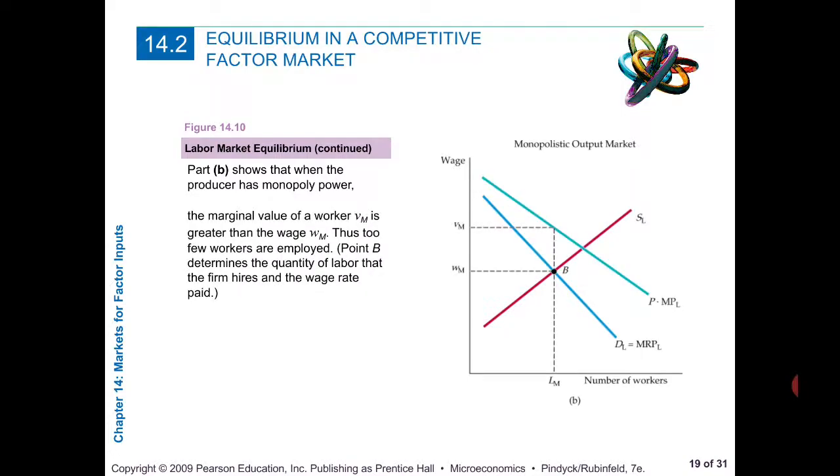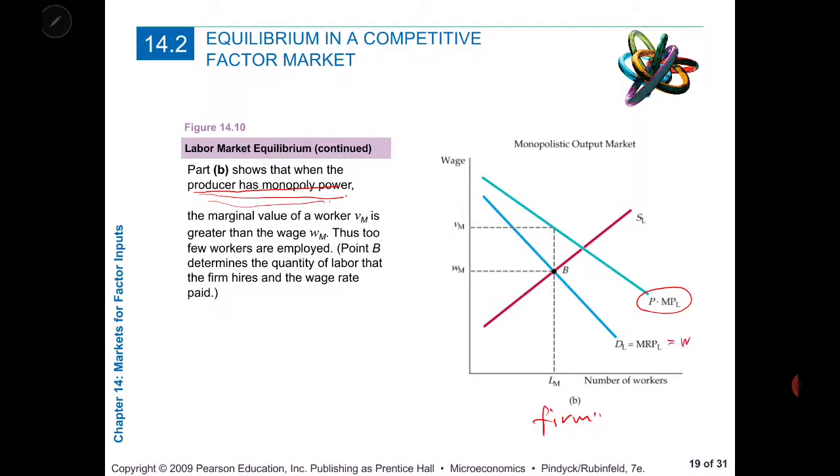But if the producer has monopoly power, so the firm that is buying has monopoly power, then you will see that this MRP is not the same as P times MP.